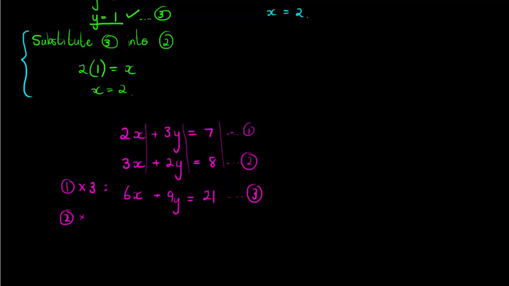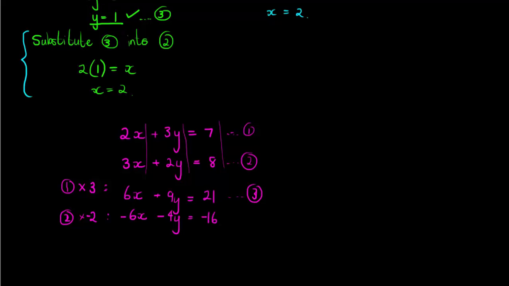What I'm doing with equation 2 is I'm going to multiply with 2 because I want this to be 6. But now one more thing, if I have it as 6, then I've got 6x, 6x, and I actually want one of them to be negative, so I'm going to multiply with negative 2. So negative 2 will make this negative 6x. Negative 2 times 2 will make this negative 4y, and negative 2 times 8 will give me negative 16.